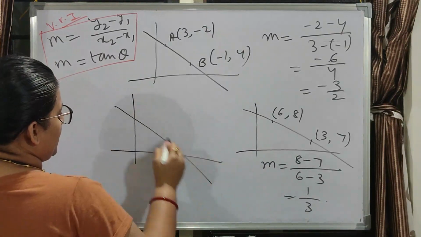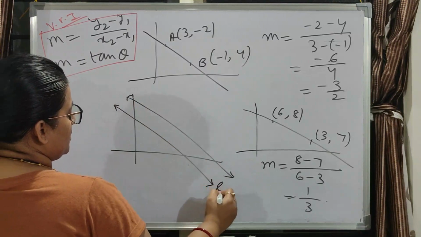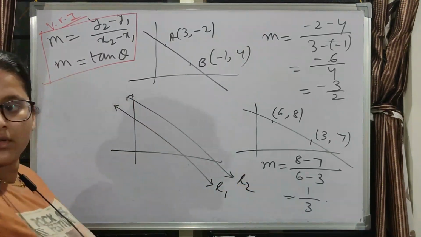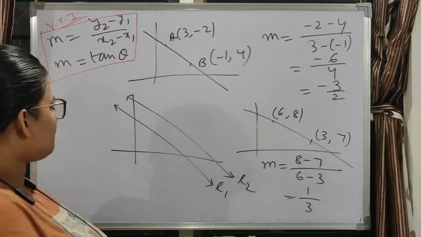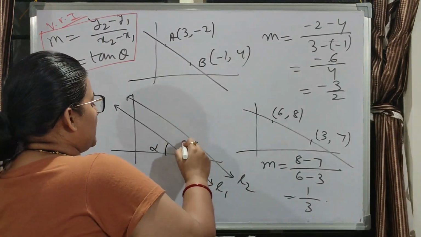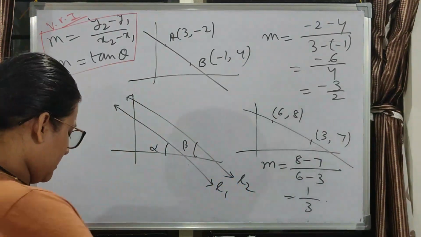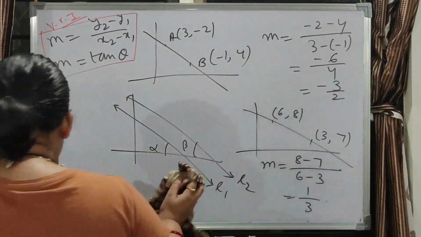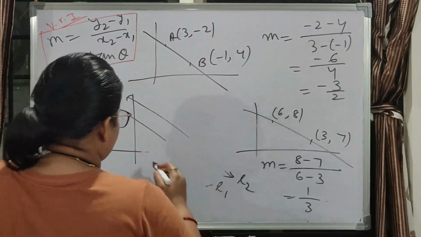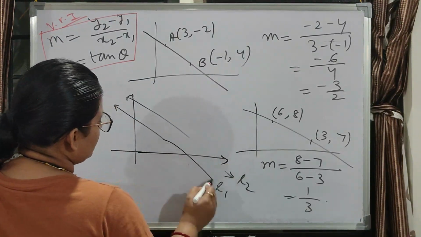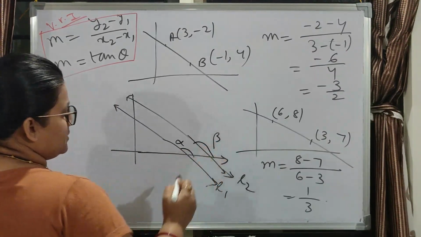Suppose these two lines are parallel. So here inclination is alpha and beta. We know this inclination will not be on this side, because we are measuring with the positive x-axis. This one is alpha, this one is beta.